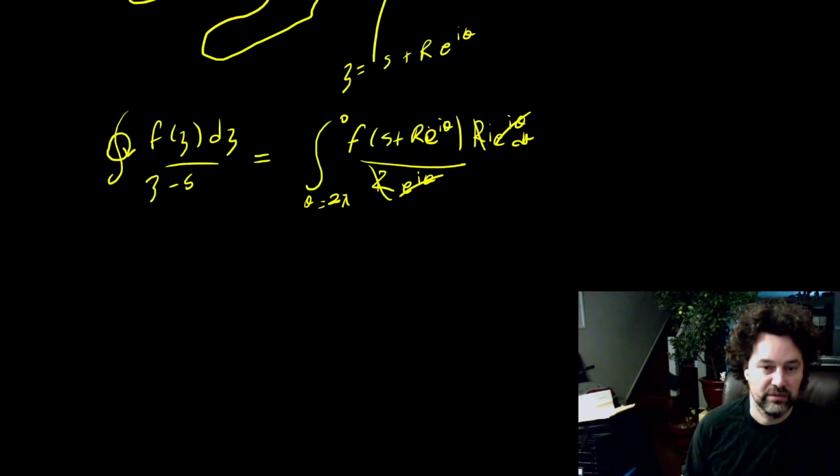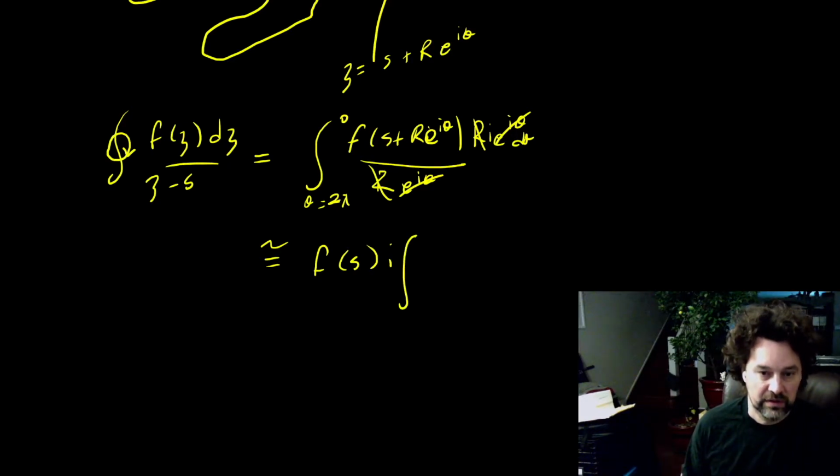If we do that, then in the limit, being very non-rigorous, this becomes f of s times i d theta between 2 pi and 0, sorry.